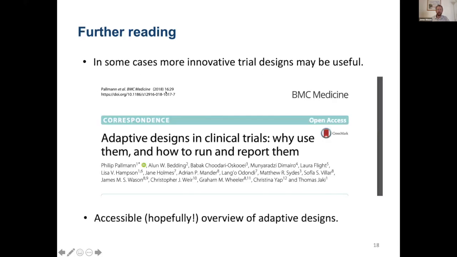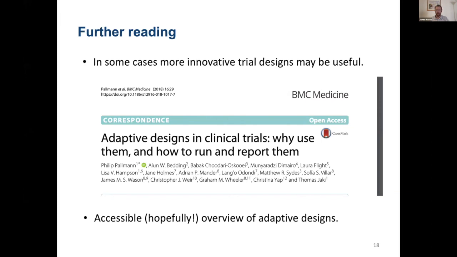If you're interested in some further reading, my research interest is innovative trial designs. One example is adaptive trials, which allow you to make changes to the trial as you collect data. If you're interested in that type of thing, then this paper in BMC Medicine provides a hopefully accessible overview of adaptive designs. And people in my team are very keen to collaborate on implementing these in practice.